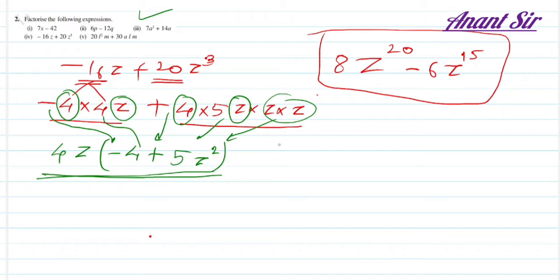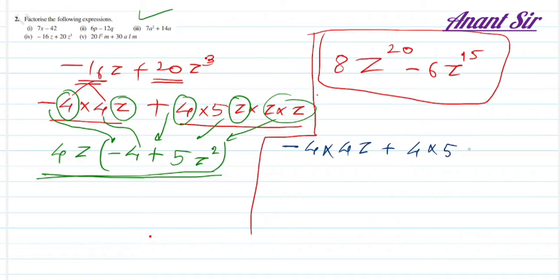Many students might think, sir, can we take minus also common? So yes, if you want you can take minus common also. In that case, how will you solve this question? See, if we are going to take minus common, I am going to write it as minus 4 times 4z plus 4 times 5 into z into z into z. I have written this step only, okay?